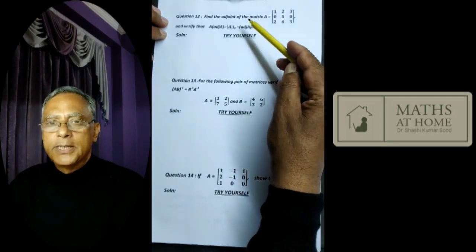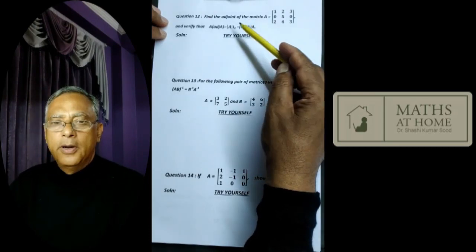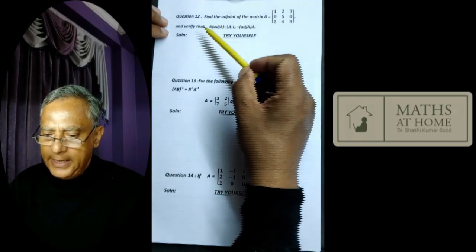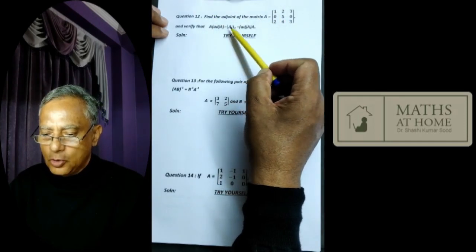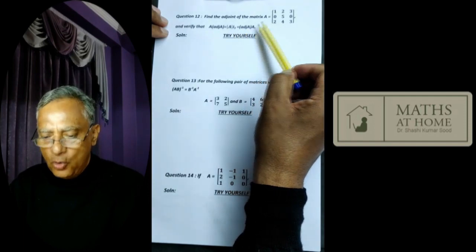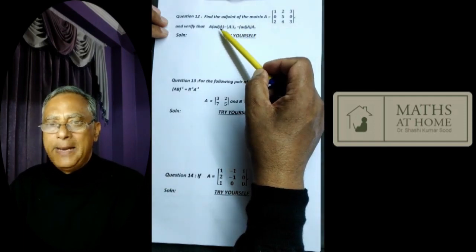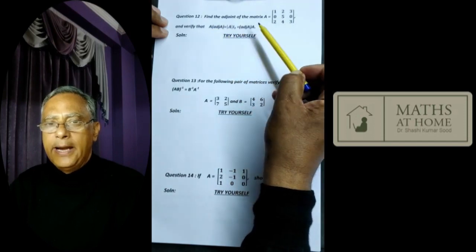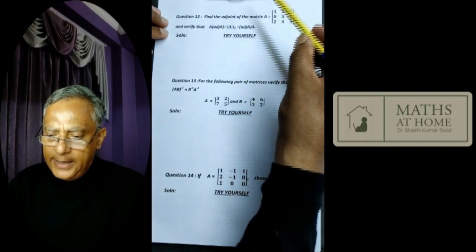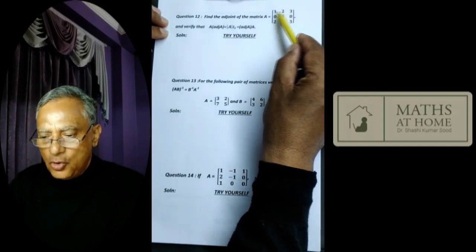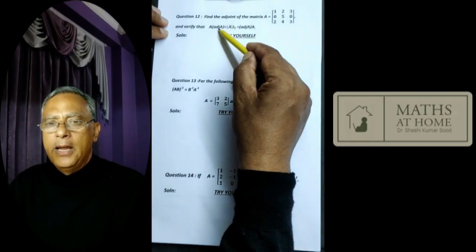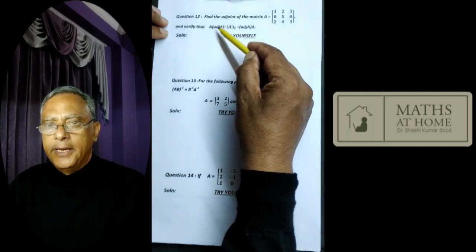Now there are a few questions for you to try. Find the adjoint of the given matrix and verify that A into adjoint of A is equal to determinant of A into I3. We know adjoint of A is obtained by replacing each entry by its cofactor and taking the transpose. So find the cofactors of the first row, second row, third row, then substitute them in adjoint of A and take the transpose.